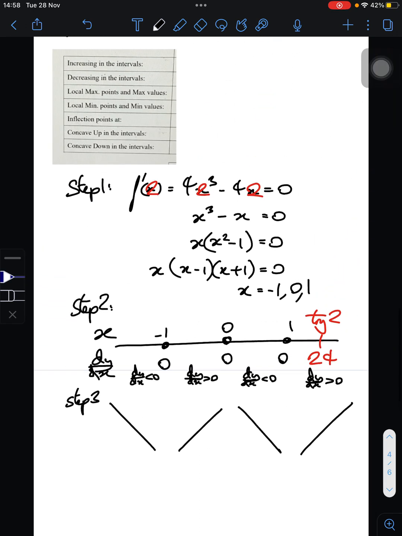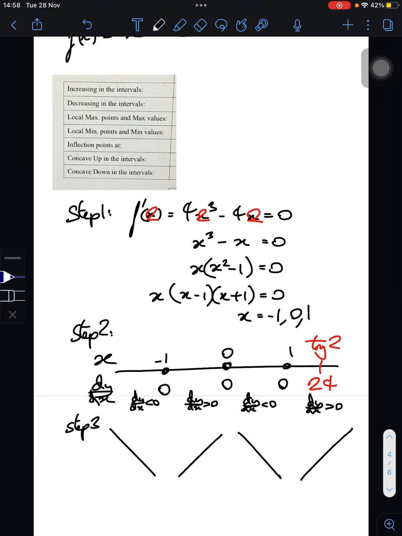So that means that we can start filling out part of our table. Increasing intervals, well, we know it's increasing when x is less than -1. We also know it's increasing when x is between -1 and 0.